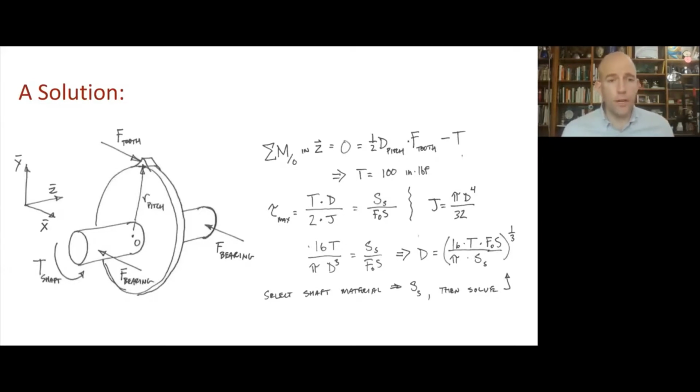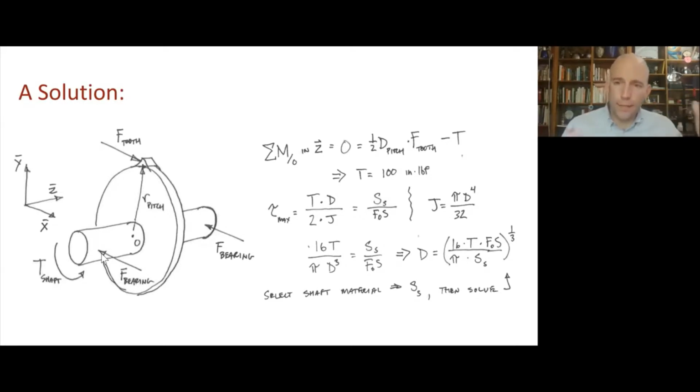Now, you might also have thought about bending in this shaft, and that is another way that we could figure out a peak stress, and there will be some bending. This is a 3-point bending problem with the bearing forces being offset from the tooth force, and that will lead to bending stress, and that could set the diameter as well. And we provide a solution to that problem in the topic reading.